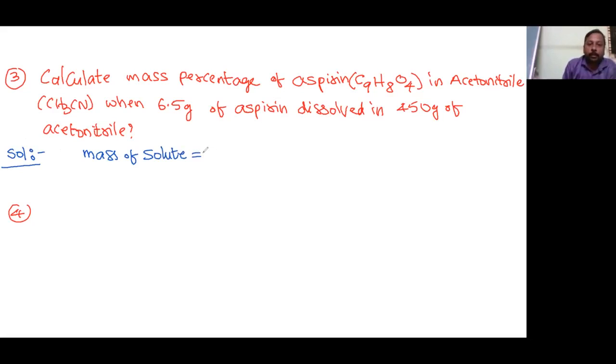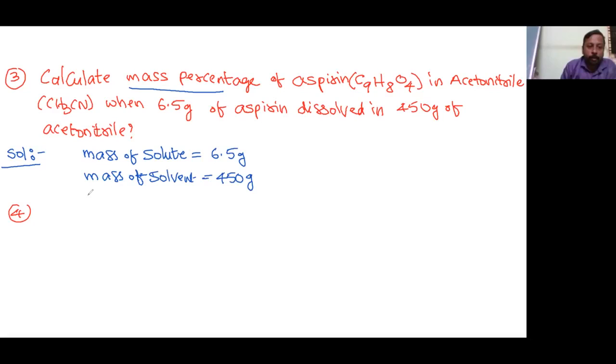Mass of solute is 6.5 grams. Then mass of solvent is 450 grams. One student, when he came out from the board exam, this is a previous question, modified one, started calculating the molecular mass, but the question is about the mass percentage. You need not calculate the molecular mass.